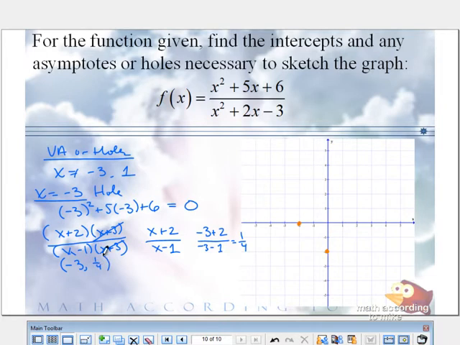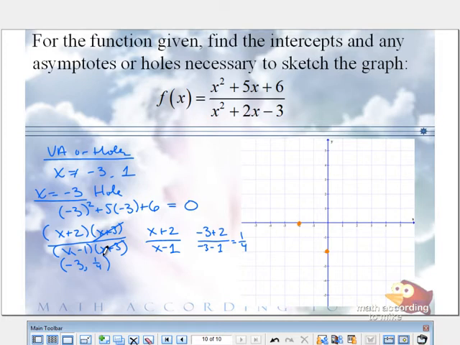The nightmare is almost over, I promise. If we did, we would have gotten 0 divided by 0. And that's indeterminate. So that's why we had to reduce to get rid of that common factor.